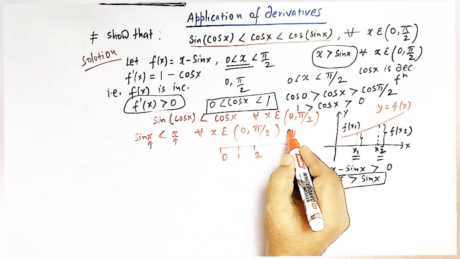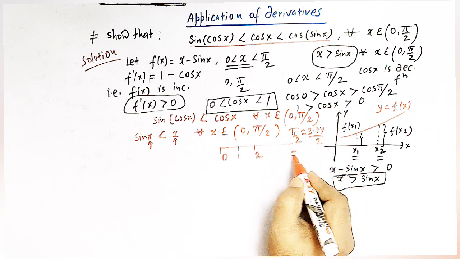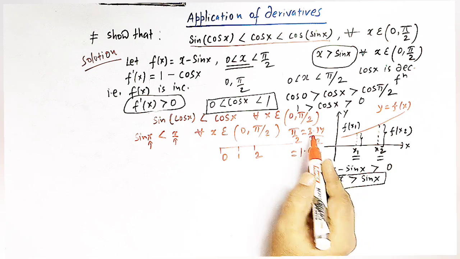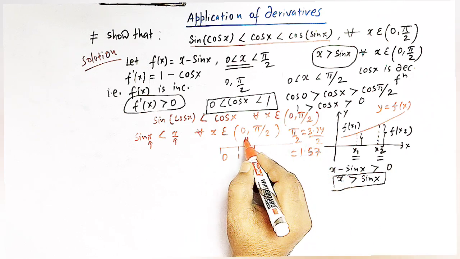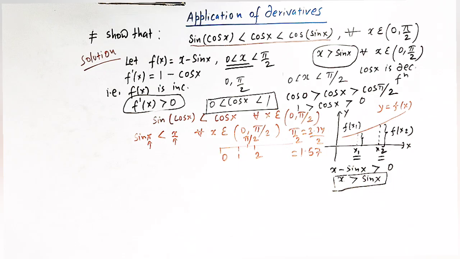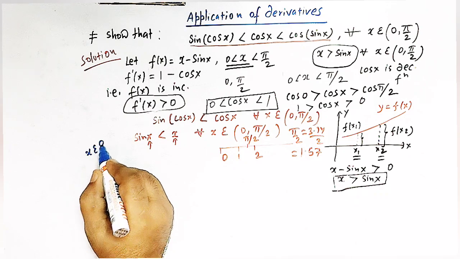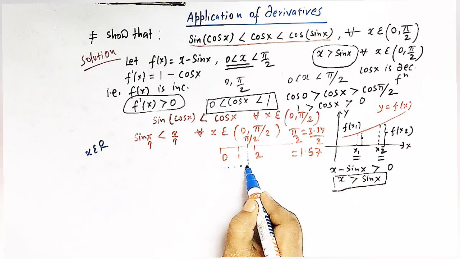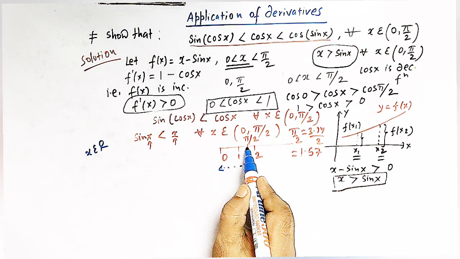Now pi by 2 is 3.14 over 2, that is 1.57. So pi by 2 lies somewhere here. So now our x, which is a real number, lies in this interval, excluding 0 and pi by 2.